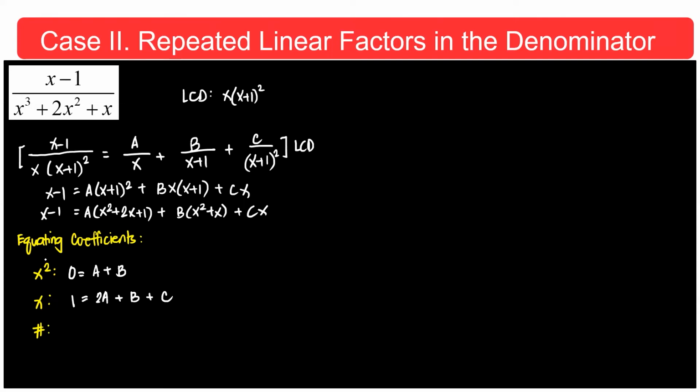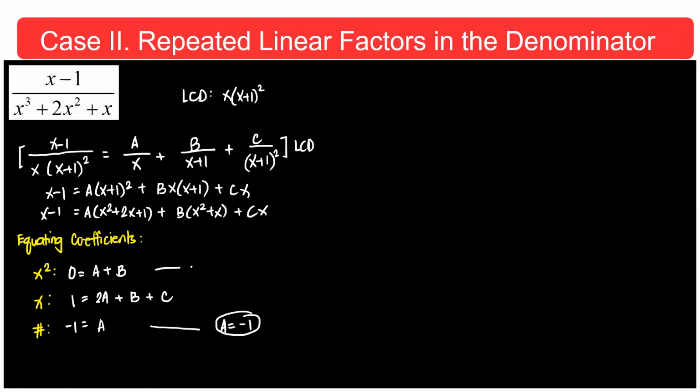Now, look at the numbers. The numbers, negative 1. Do we have a number in A? 1A. Do we have a number in B? No numbers. In letter C, also, we don't have any constants. So that means we already have an answer. In here, A is negative 1 is an answer.